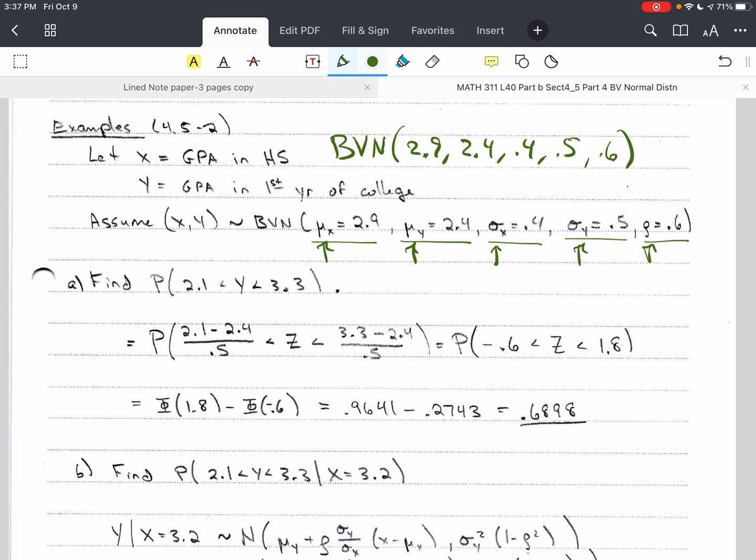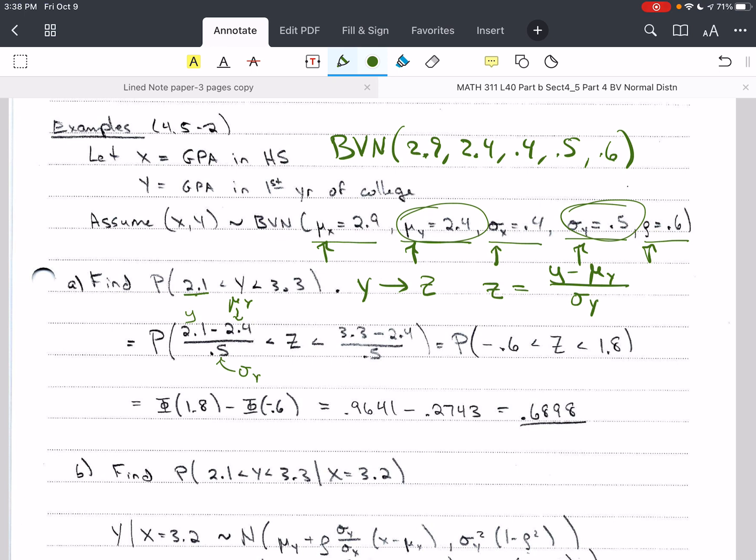Just like we did with the regular normal distribution, this is the normal because remember, this is Y. We're going to take Y and transform it to Z. So Z is equal to Y minus mu Y over sigma Y. This is the value that we're given of Y, minus the mean of Y, which is 2.4, and 0.5 is sigma of Y. So make sure you get the right sigma.